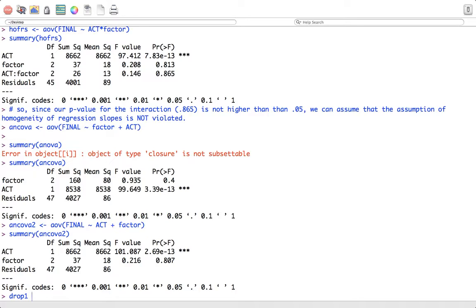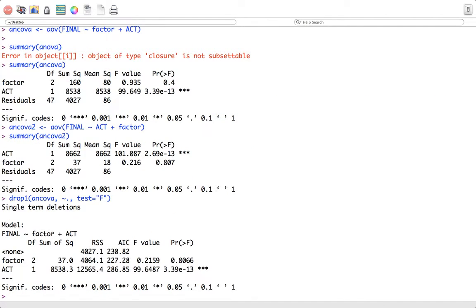So there's a drop1 option where we use the model name, and I'm just going to use ANCOVA, and then we use this tilde period, and then we have to tell it, of course, what test we're using. And when you get this, you get again the type 3 sum of squares calculation.